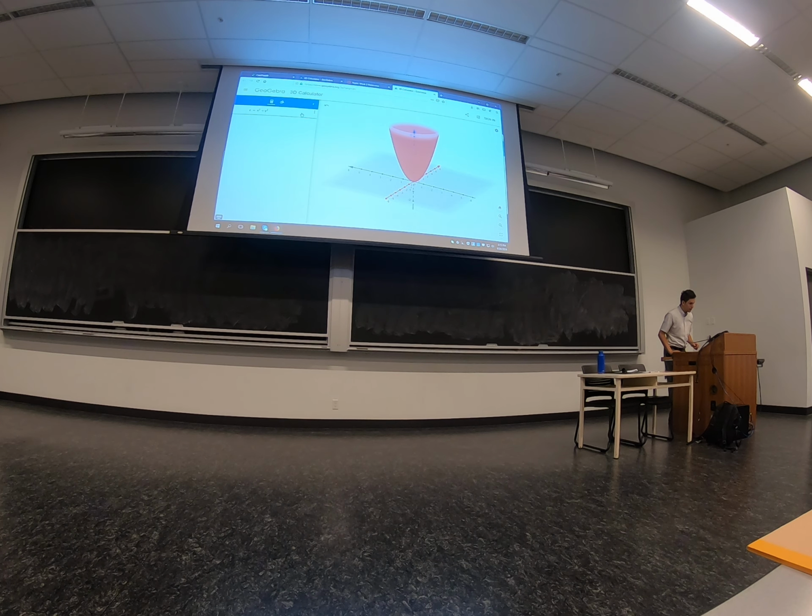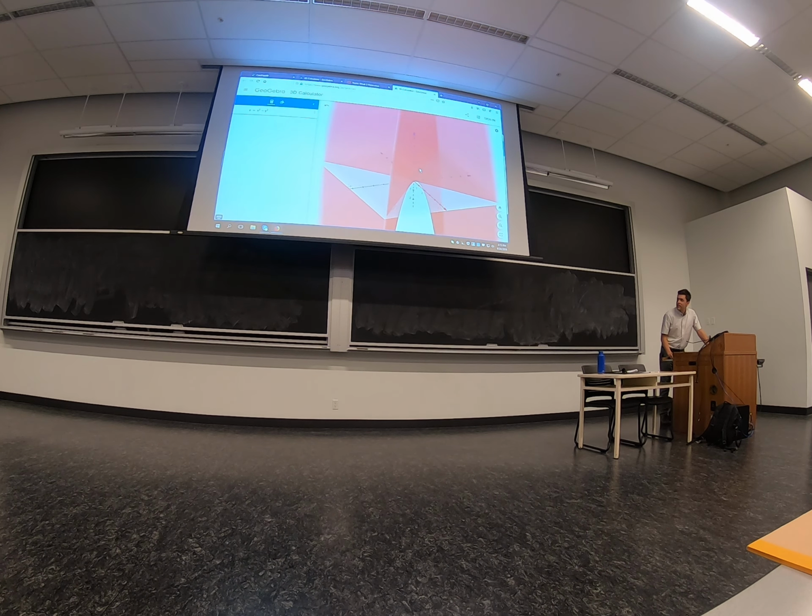Okay, so my favorite example in this class is this. So it's x squared minus y squared. Beautiful function. But as you can see, very unwieldy to draw.